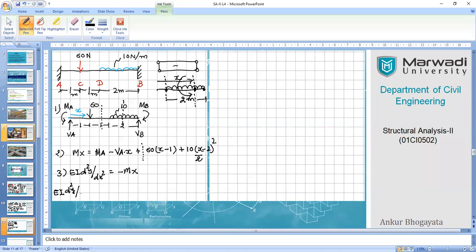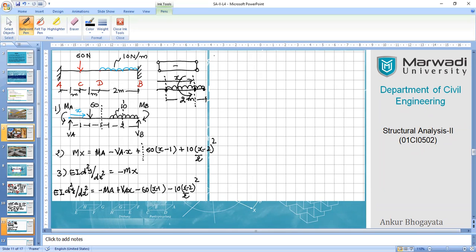EI d square y upon dx square equals MA plus VA x, minus 60 into x minus 1, minus 10, let's keep it as it is. Otherwise, you can convert it to 5 also, no issues, just for the time being. So this is our final starting point.